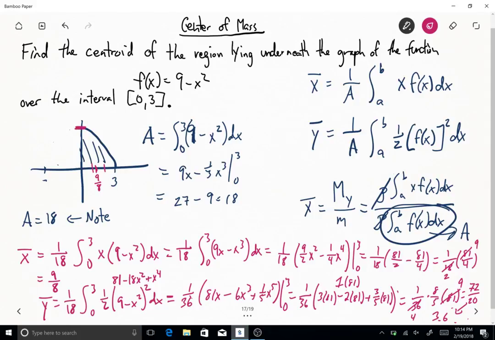So this up here was 9, so 3.6 would be somewhere right in here if this were to scale. And so our centroid would be right there. So you'd have 9/8, comma 3.6. Hopefully that makes sense. It fits right in there, and it's what we would hope to be the center inside our shape.